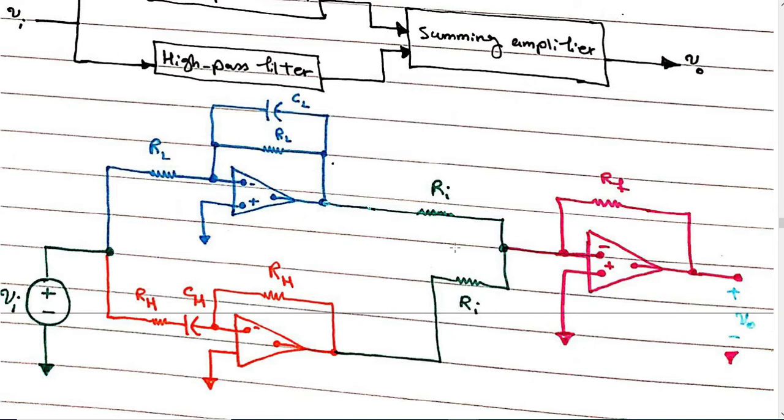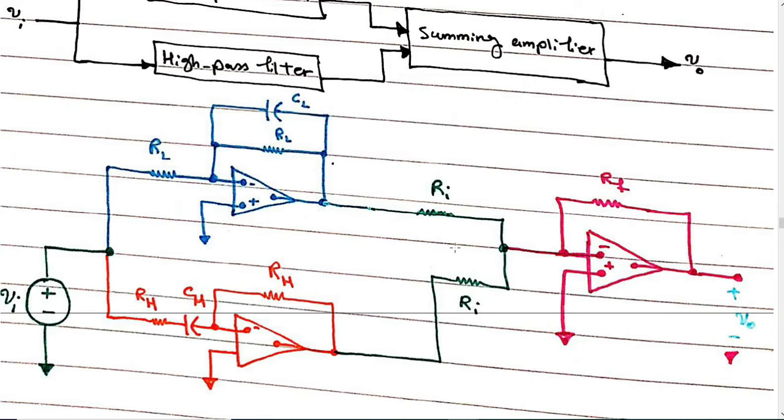So what is V out L? This is V out over VI, so we have this one. And for V out H over VI, we have this equation. So we get this.